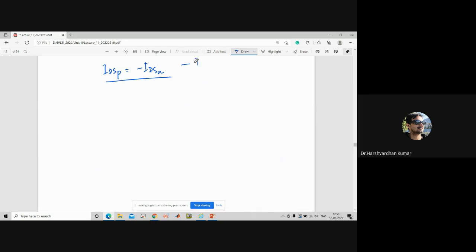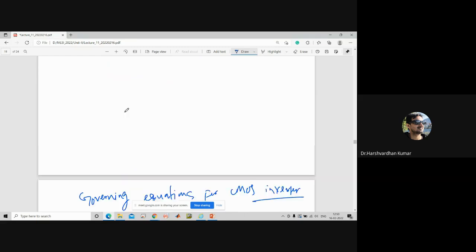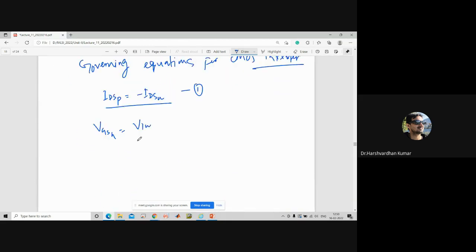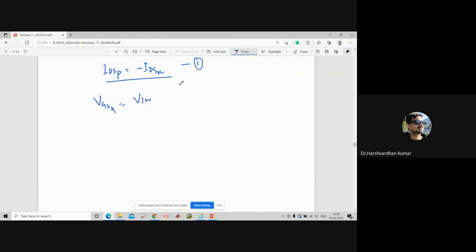Let us say this is equation 1. Now VGSN, if you see the circuit, the gate to source voltage for NMOS is equal to the input voltage Vin. This is the second equation.